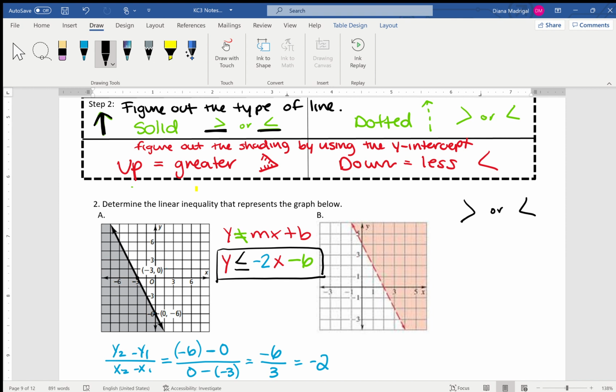Don't forget you need to find the slope. They didn't give you coordinate points, but let me help you out. Use these two points to find your slope. This right here is 2 and 0, and this right here is 0 and 4. All right, try 2b then.